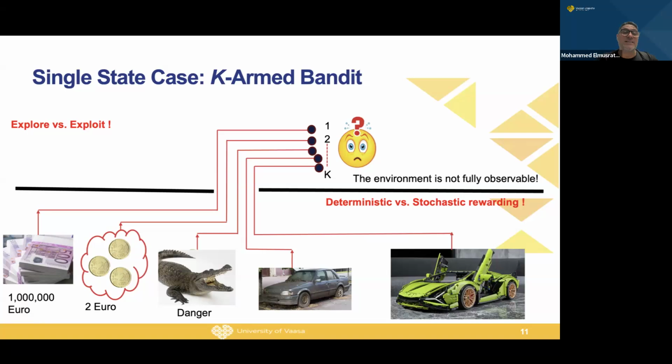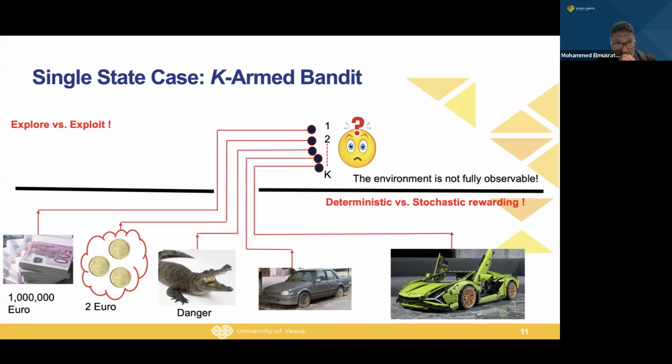So it is like a hidden game. You don't know what result you might get by pushing any of these k buttons. It is like you have k doors in front of you, and behind each door you have something hidden.